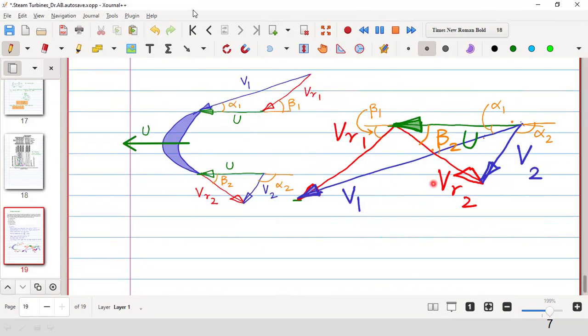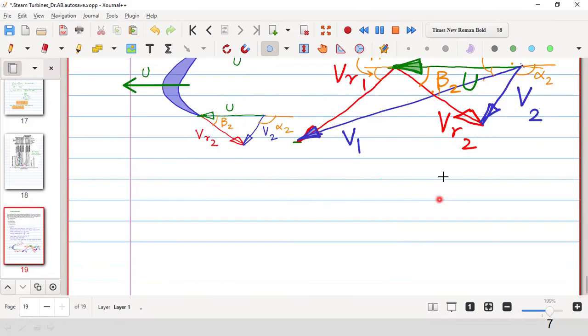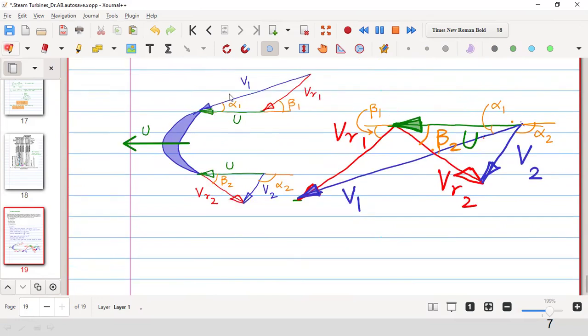This is U. Okay. Next thing is that we will calculate the quantities.